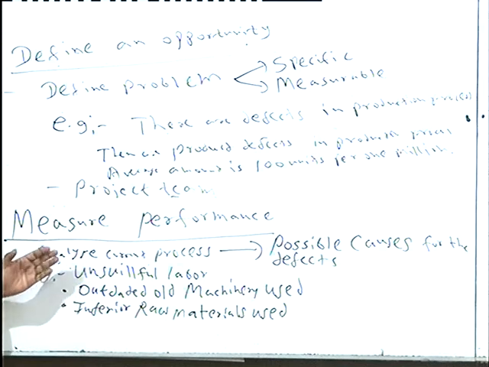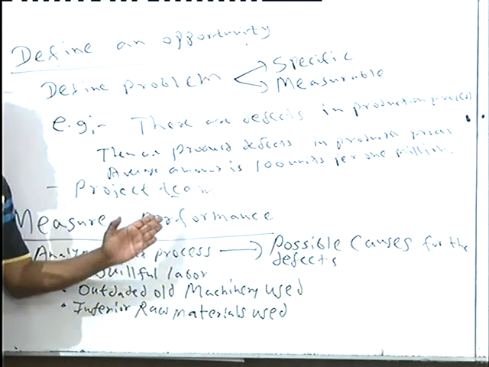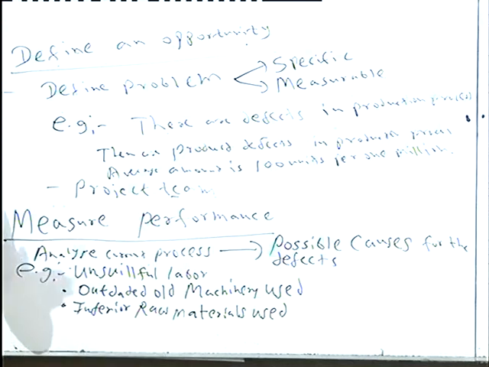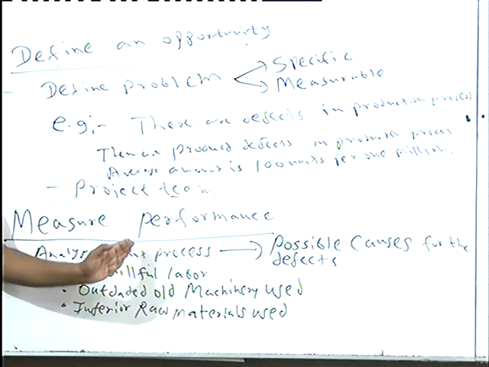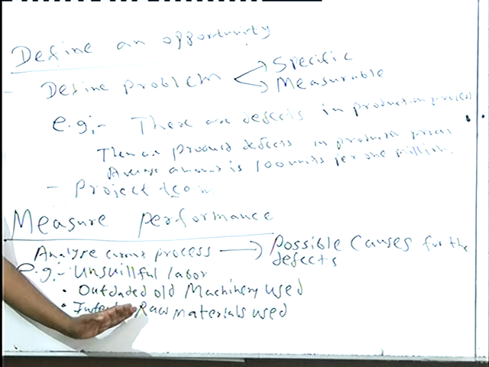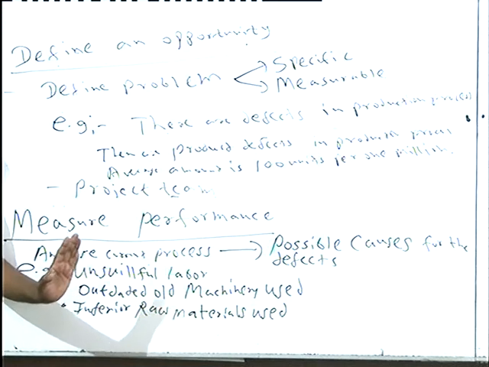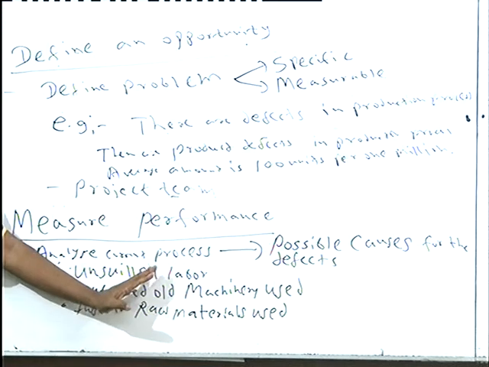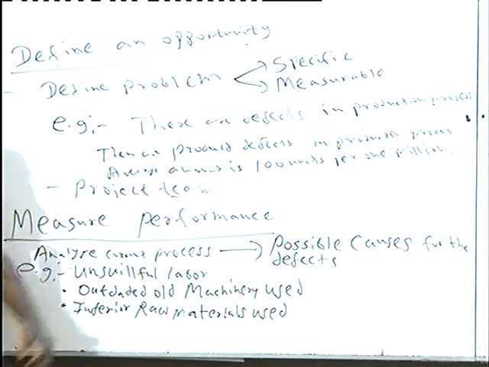These are some of the possible causes. But remember, we do not come to a final conclusion on the exact reason for this problem until we go for a detailed analysis. Here we just identify the reasons, but we are not going to make the final conclusion at this stage until we go for detailed analysis.